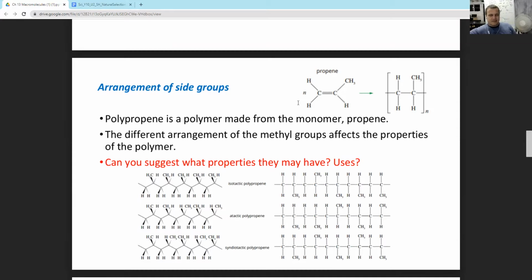Again, take 60 seconds. What do you notice about the syndiotactic polypropylene? Mostly about the methyl groups. Just think what kind of pattern can you see?